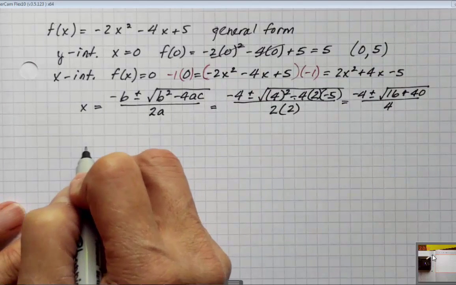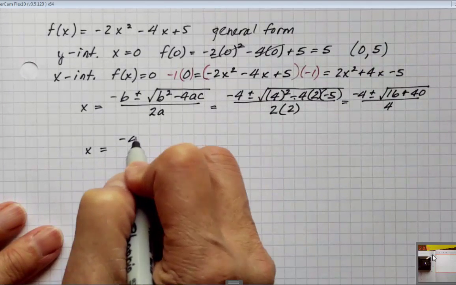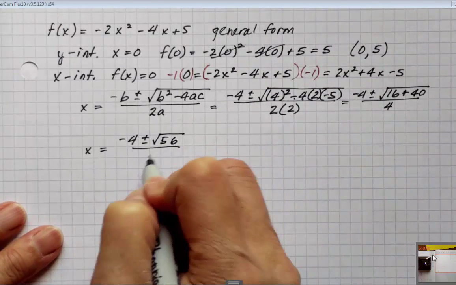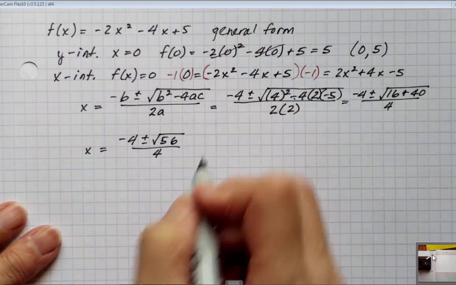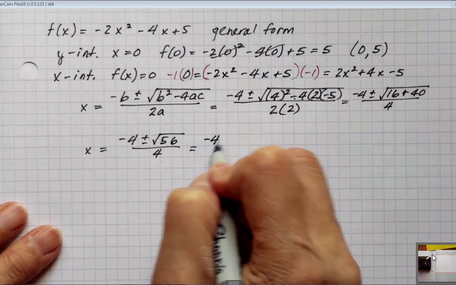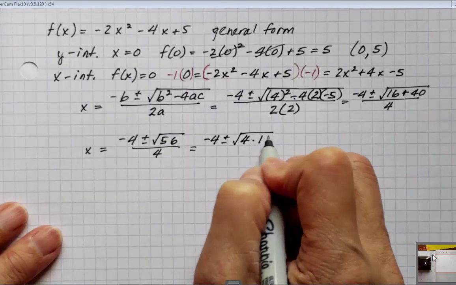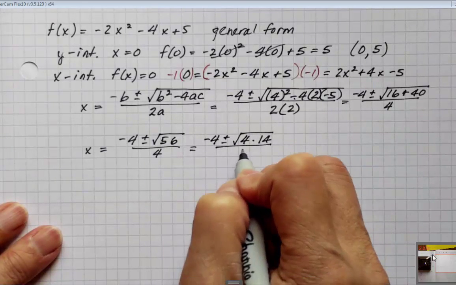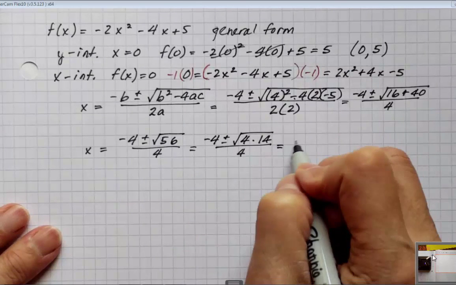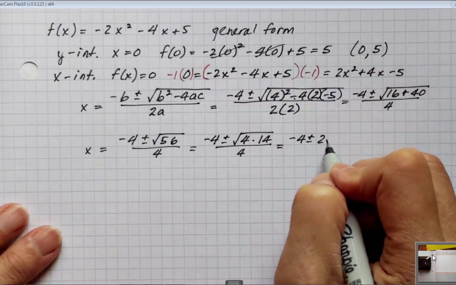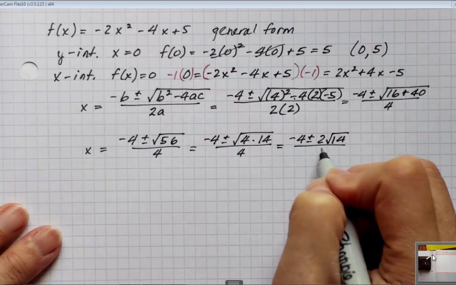Simplifying farther, we end up with negative 4 plus or minus the square root of 56 all over 4. And 56 has a perfect square as a factor, and that's 4 times 14 over 4. Taking the square root of 4, I end up with negative 4 plus or minus 2 square root of 14 over 4.